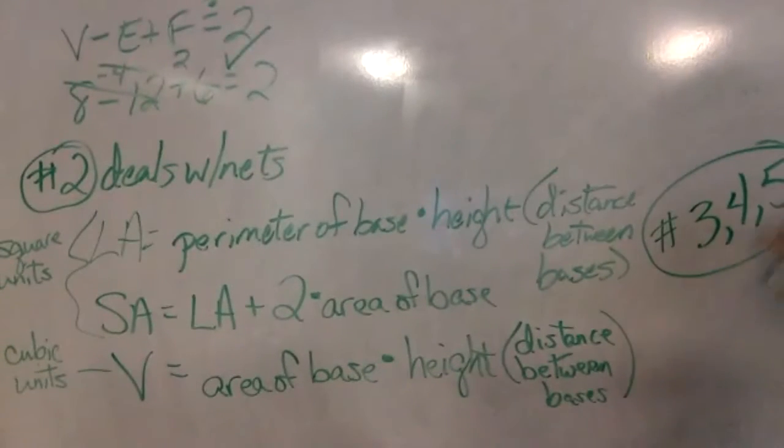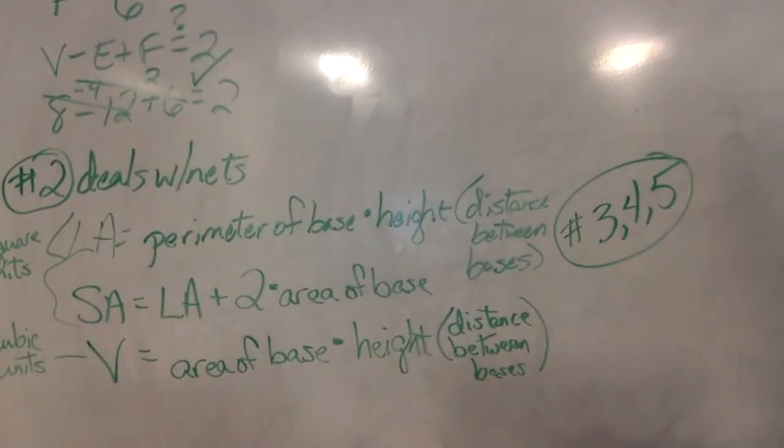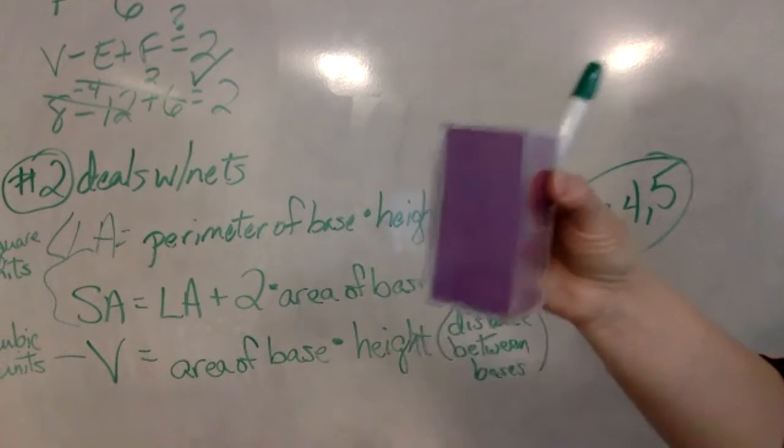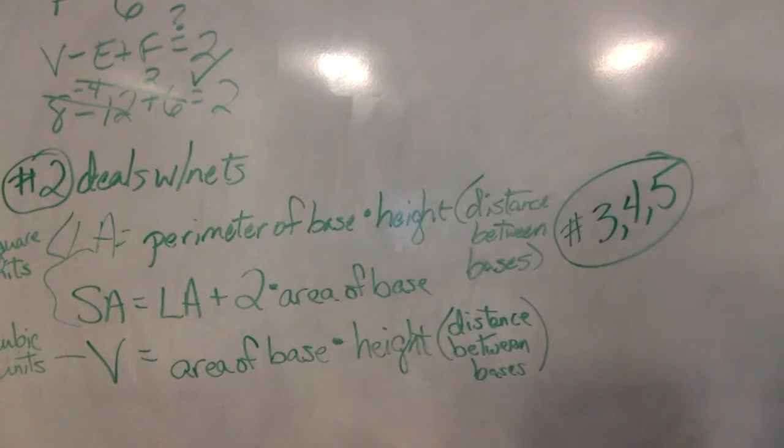Okay, now remember it depends on the shape of the base. So if it is a rectangular prism like this one, its base is a rectangle. So how do you find the area of a rectangle?